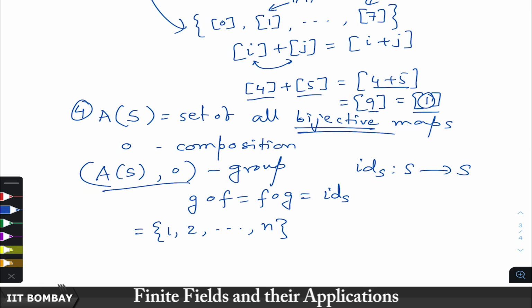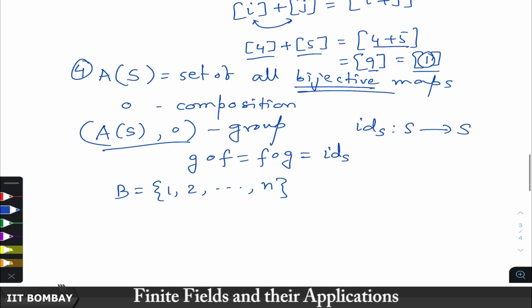So, let us take B and we take the A of B, that is the set of all bijective maps from B to B. Okay.